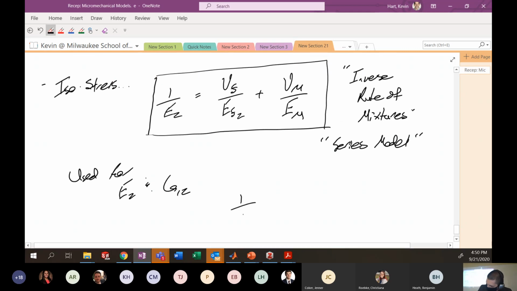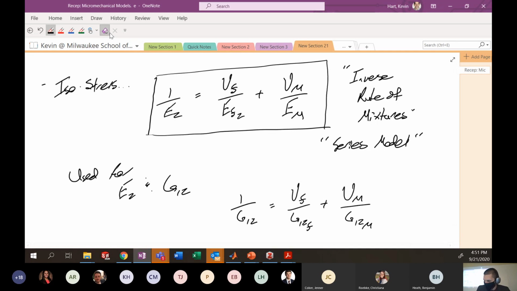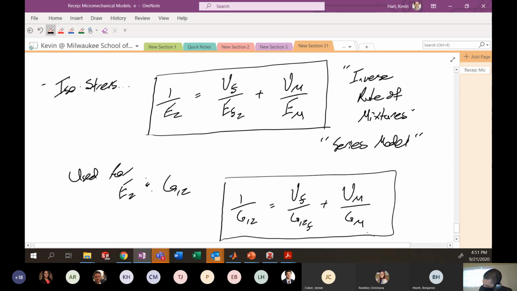So if you're looking at the shear modulus in the 1-2 direction of your composite, it's 1 over G12 equals the volume fraction of the fiber divided by the shear modulus G12 of the fiber plus volume fraction of the matrix divided by shear modulus 12 of the matrix, or you might just see it as shear modulus of the matrix, since we know that it's generally isotropic. All right, so that is your inverse rule of mixtures.